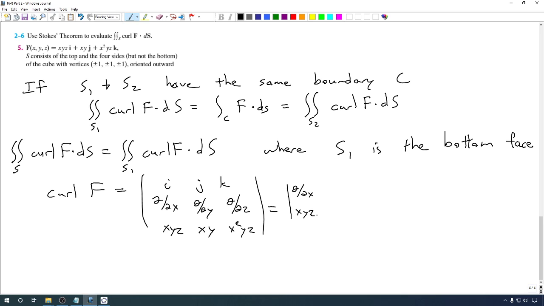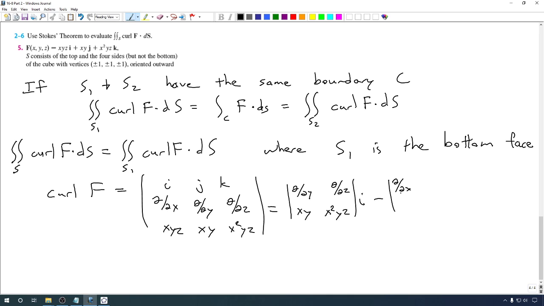That's times i. What am I doing? I'm completely messing this up. That should be yz, which means I need the different ones. Sorry about that. I guess I kind of lost my train of thought there.